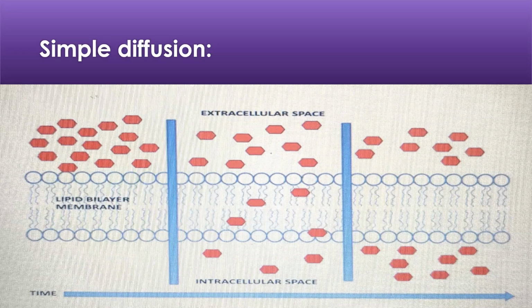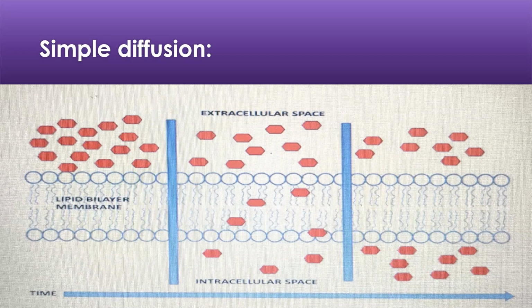And this diffusion occurs until there is no difference in the gradient, or the gradient vanishes, or we can say when there is an equal distribution of solute, like outside the cell or inside the cell, solutes are equally distributed.